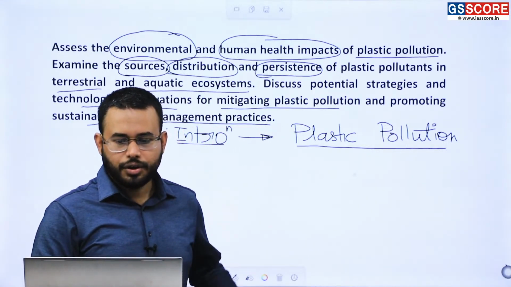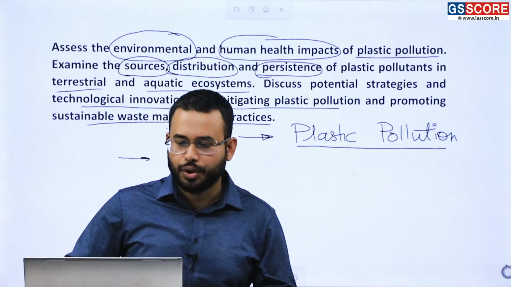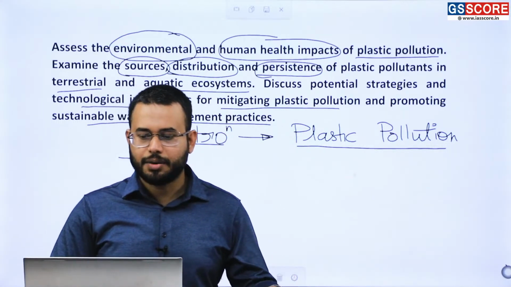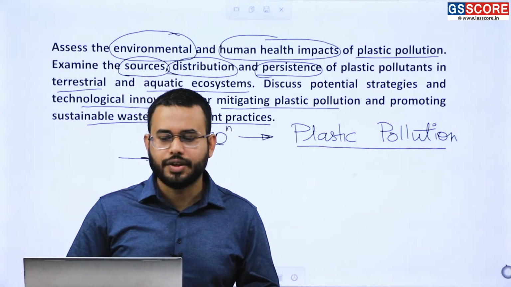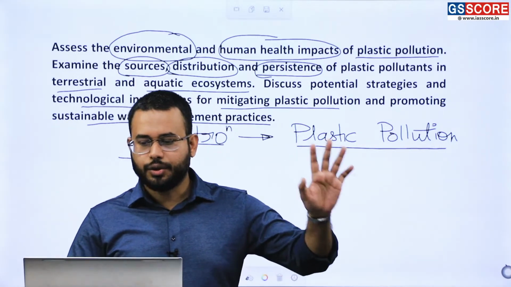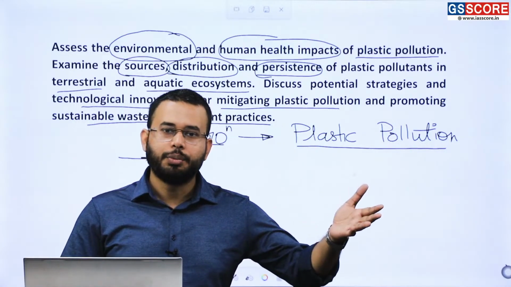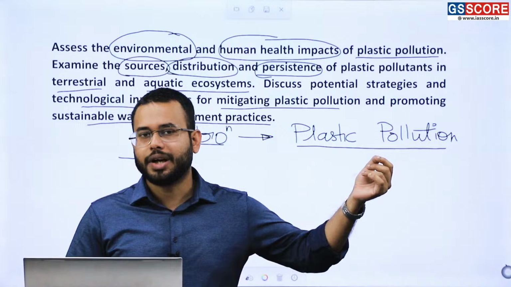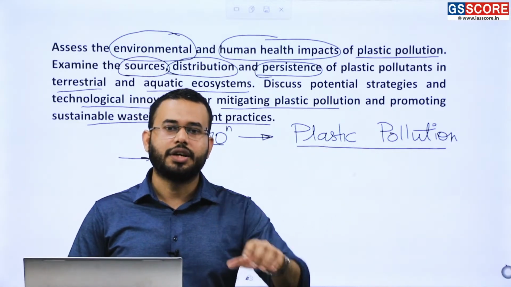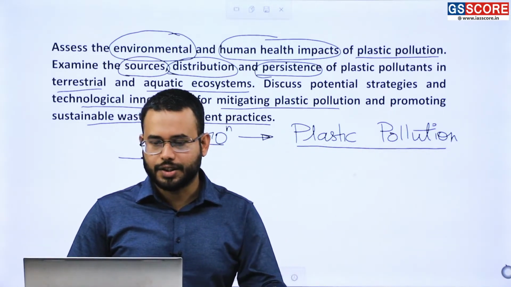So first, you will start with: plastic pollution has emerged as a pressing environmental issue of our time with far-reaching consequences for terrestrial and aquatic ecosystems as well as human health. So in that way, if you do not have any data specific to plastic pollution, you can start with a generic introduction of the issue as well, right?